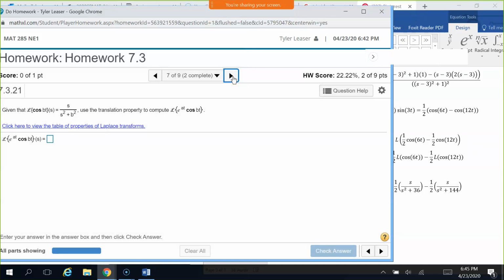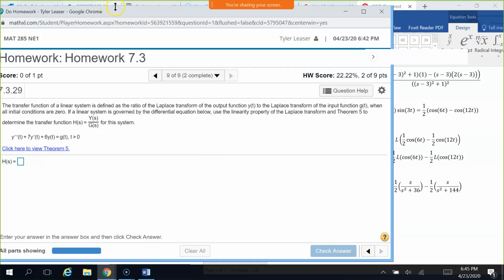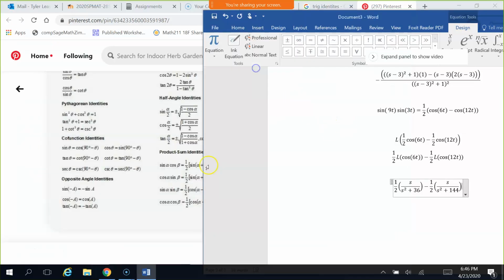So let's see if there's anything else too crazy in here. Here's some more derivative stuff, but we've already kind of done derivative stuff with the t's out in front. This one seems complicated, but it's not complicated. Let's jump to the next one. Section 4.